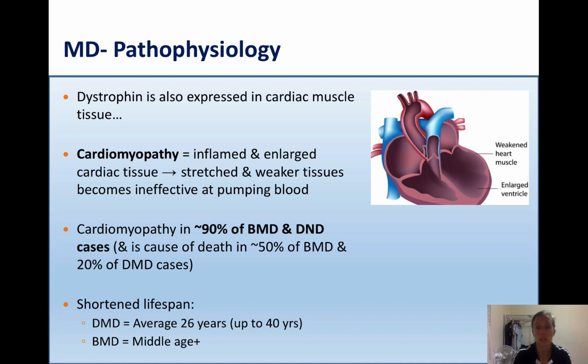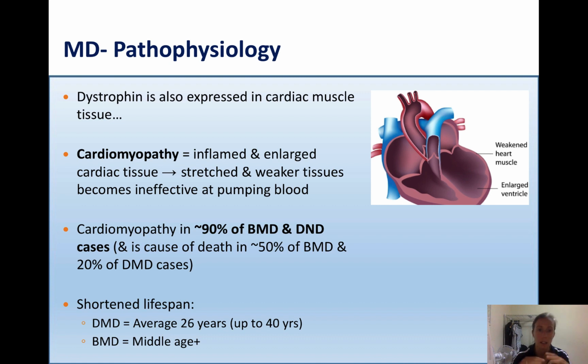Now, just to add another layer to this, dystrophin is also expressed in cardiac muscle tissue. Okay, so cardiomyopathy is also extremely common and is present in around 90% of cases of both Becker's and Duchenne's MD. When we talk about cardiomyopathy, there's a few different types, but one that I believe and understand to be most common in MD is dilated cardiomyopathy.